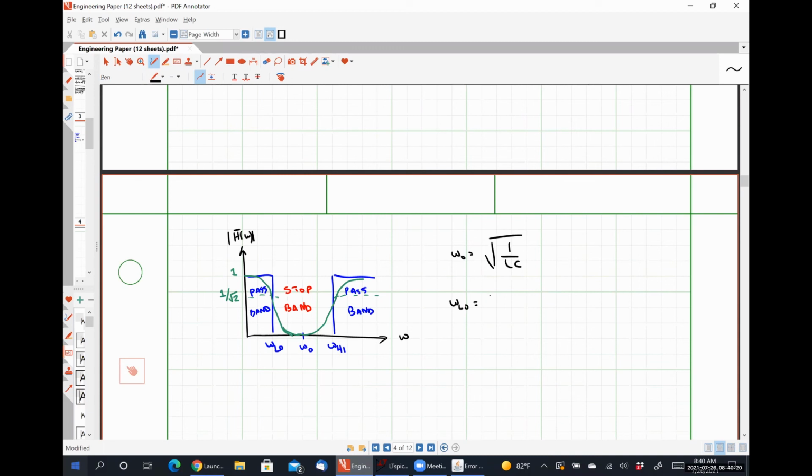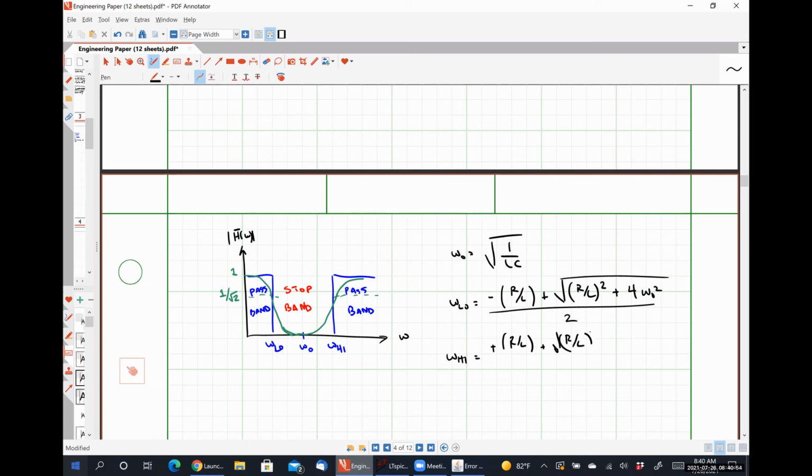Omega low is negative R over L plus the square root of R over L squared plus 4 omega naught squared, all divided by 2, and omega high is positive R over L plus the square root of R over L squared plus 4 omega naught squared, all divided by 2.